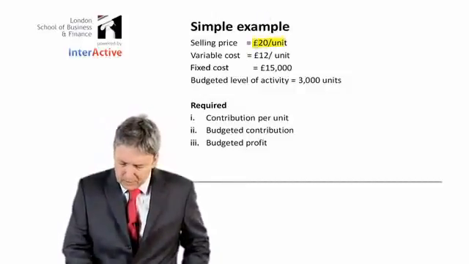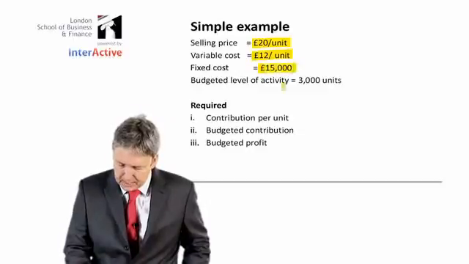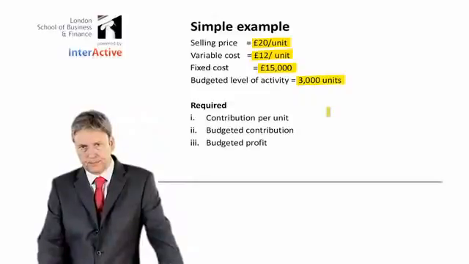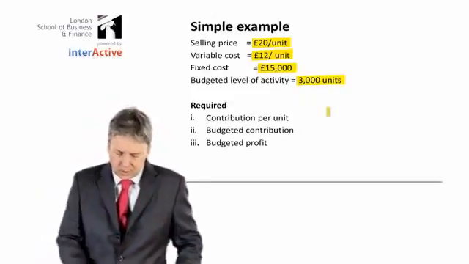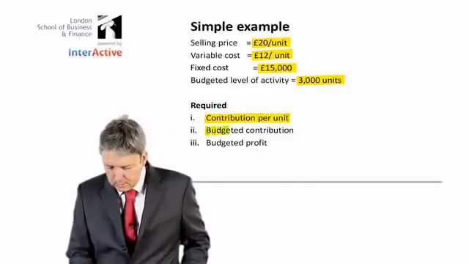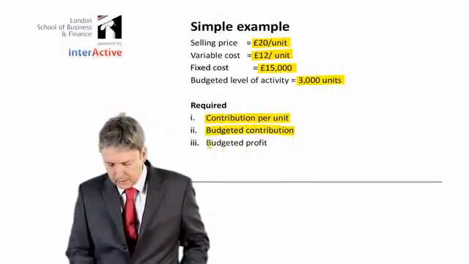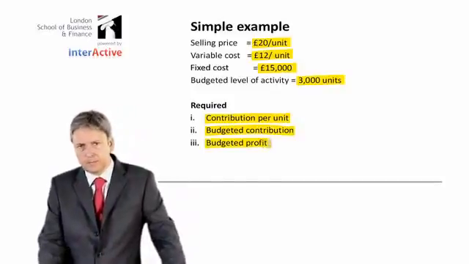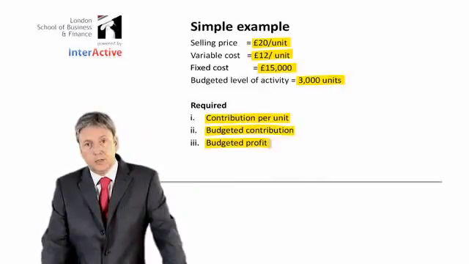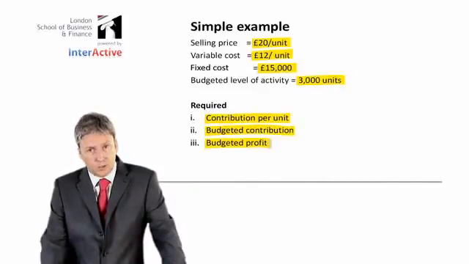So, I've got a selling price of 20, a variable cost of 12, a fixed cost of 15,000, and the budgeted level of activity of 3,000 units. What I want to do is calculate something called contribution per unit and also a budgeted profit.